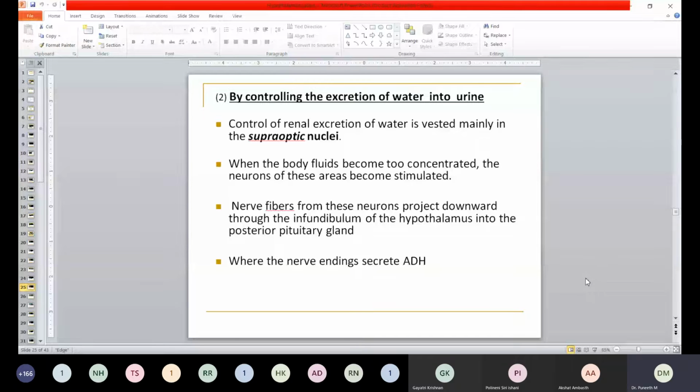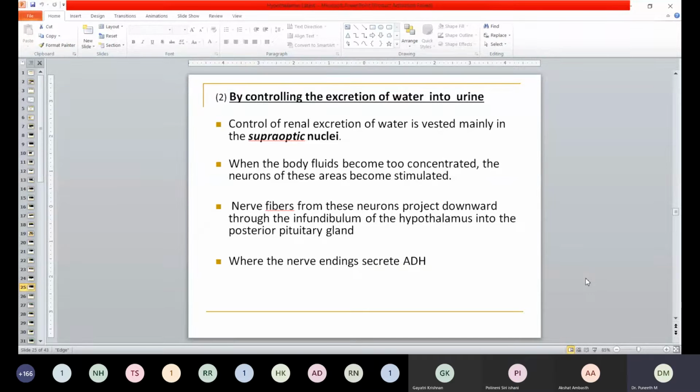This function has to do with the supraoptic nuclei. The supraoptic nuclei of the hypothalamus are mainly concerned with the renal excretion of water. What happens when body fluids become too concentrated, mainly the ECF? The neurons of the supraoptic area become stimulated.